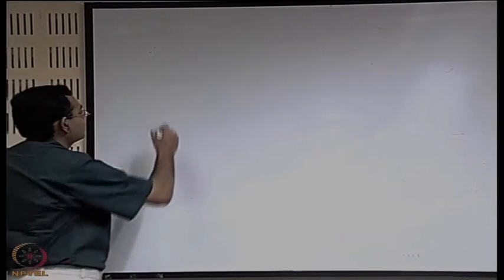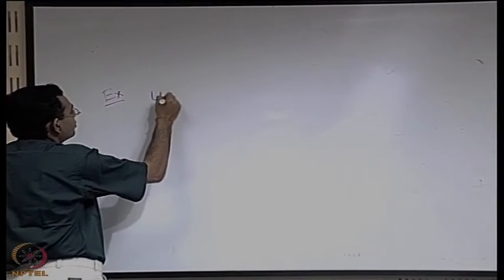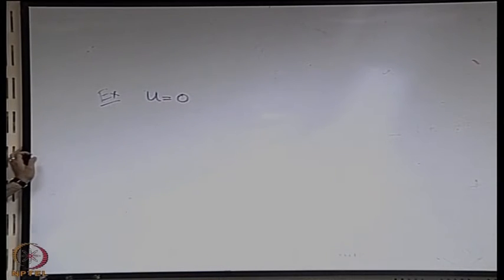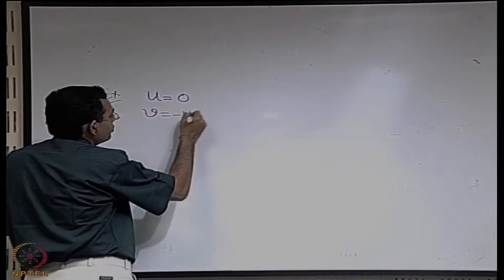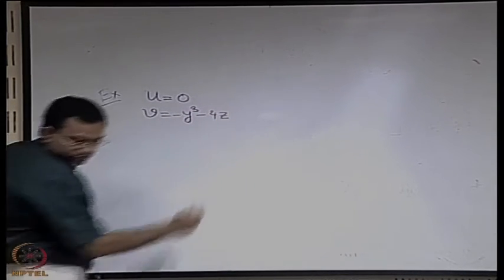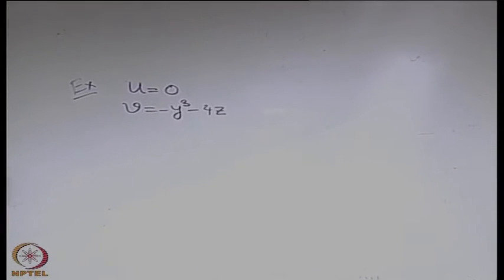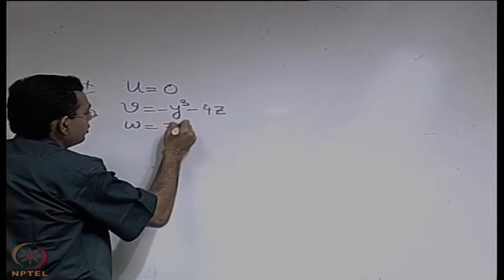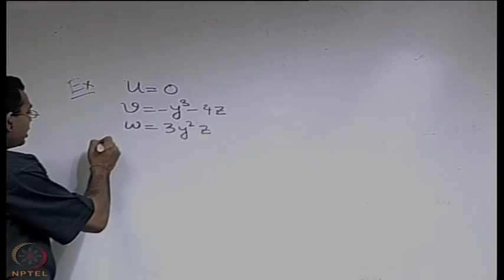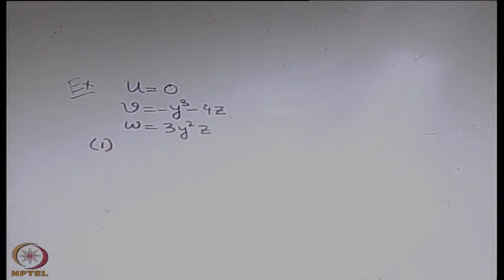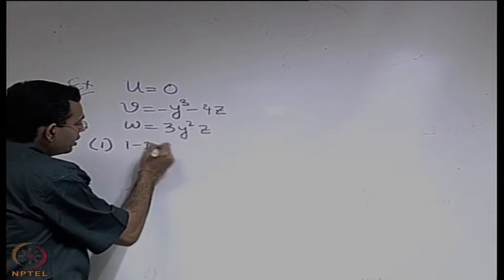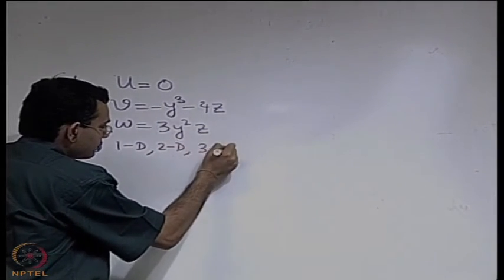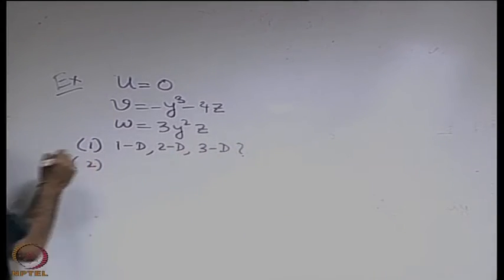Say you have a flow field given by the following components: u equal to 0, v equal to minus y cube minus 4z, and w equal to 3y square z. These are the velocity components which are given. Now the questions are as follows. Number 1, is the flow 1D, 2D or 3D? Perhaps you cannot have a more simple question than this.